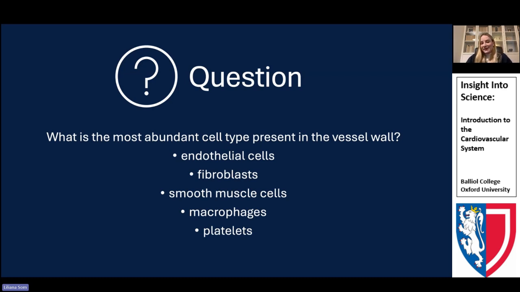And coming a bit to my research focus, I wanted to ask if you know, based on all I've talked about as well, what is the most abundant cell type in a vessel wall? And mostly thinking of not capillaries, but a bit larger vessels.